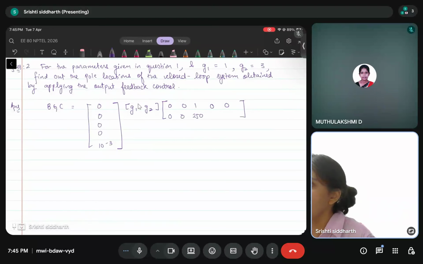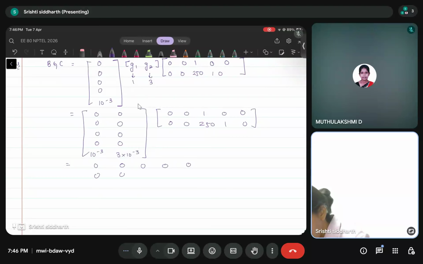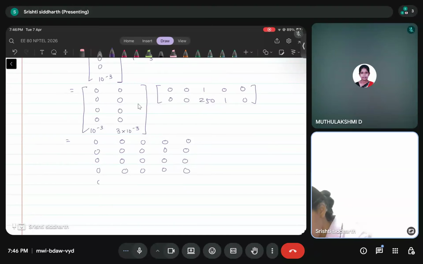The first is going to be 0, right? The only non-zero entry is going to be the last row: 0, 10 to the power minus 3 plus 3 into 250 into 10 to the power minus 3, then 3 into 10 to the power minus 3, and 0.